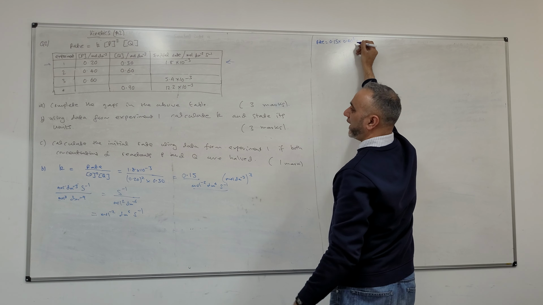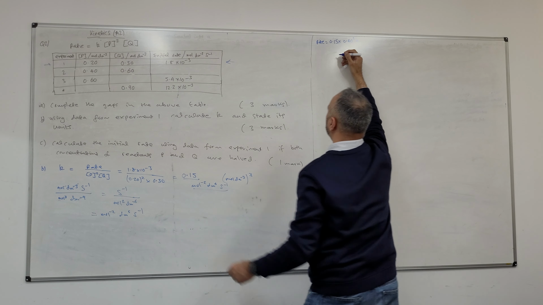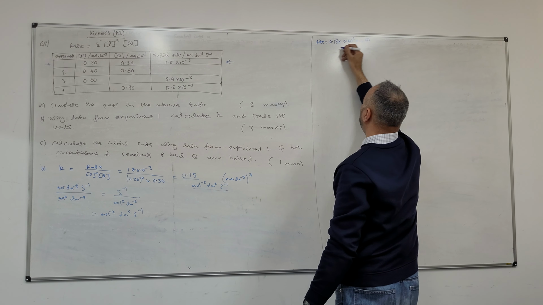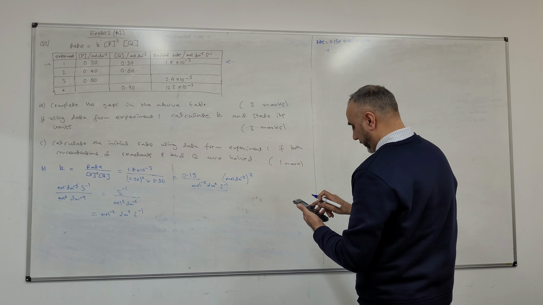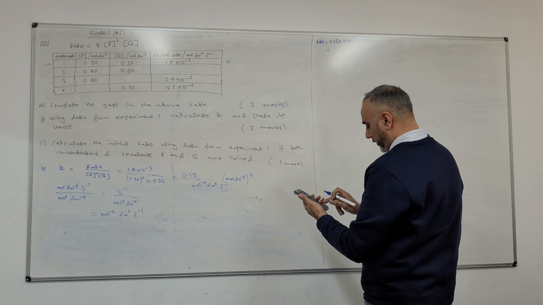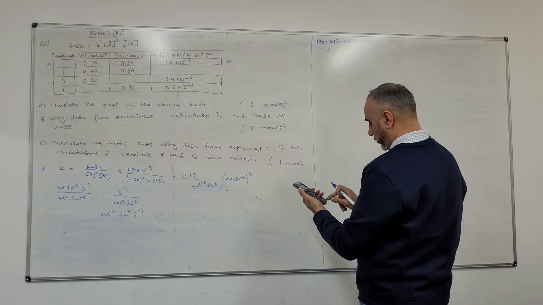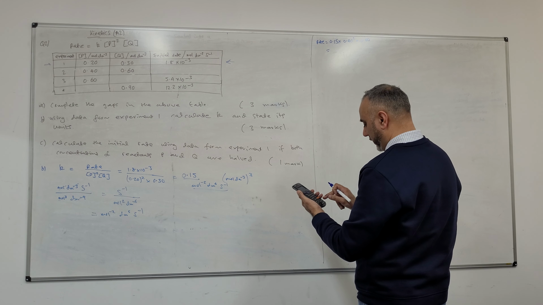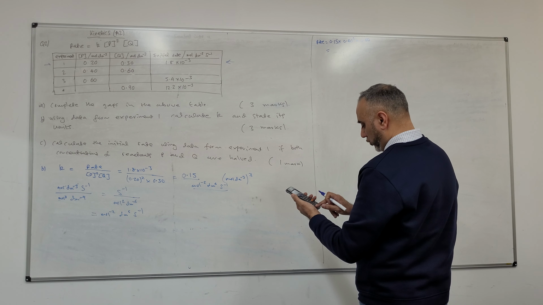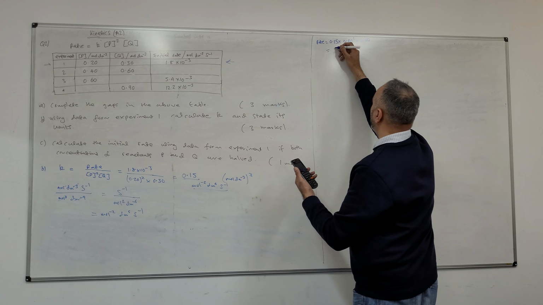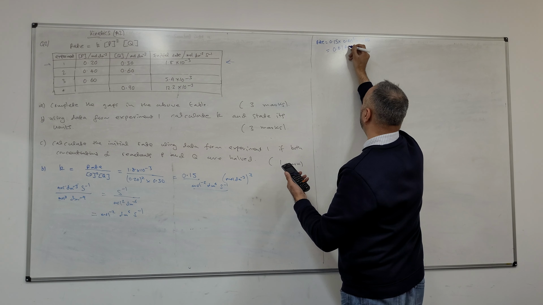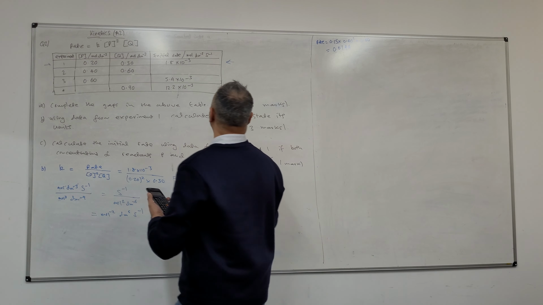We've got to square that and we times it by the concentration of Q. Is that all happy? And then we can work that out. That's why the gap is there. You'll find in the exam they'll give you a lot of lines. So again, double check this. I'm doing this right. 0.40 squared times 0.6, and we get 0.0144. So I'll just slot that in there.